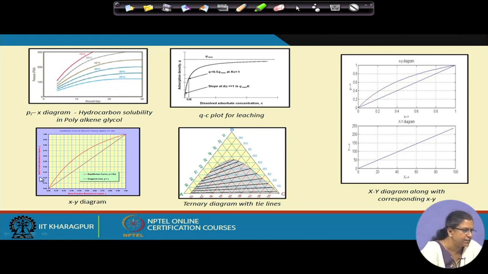And here this is a typical XY diagram which we have already dealt with. This is distillation, this is absorption, and this is also absorption, and this is a typical isotherm for adsorption.